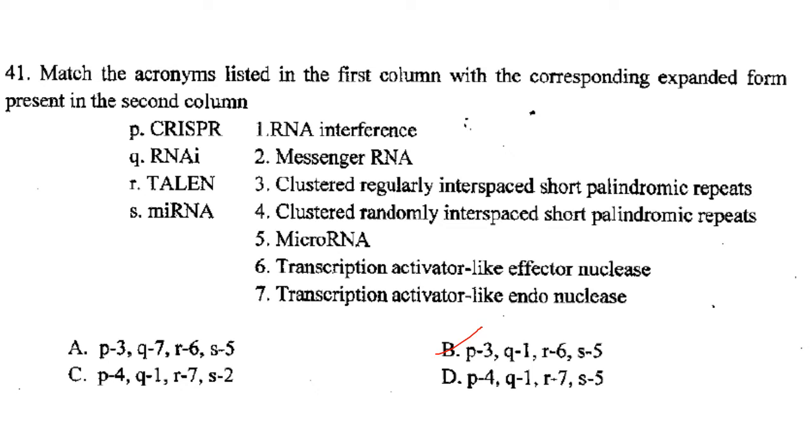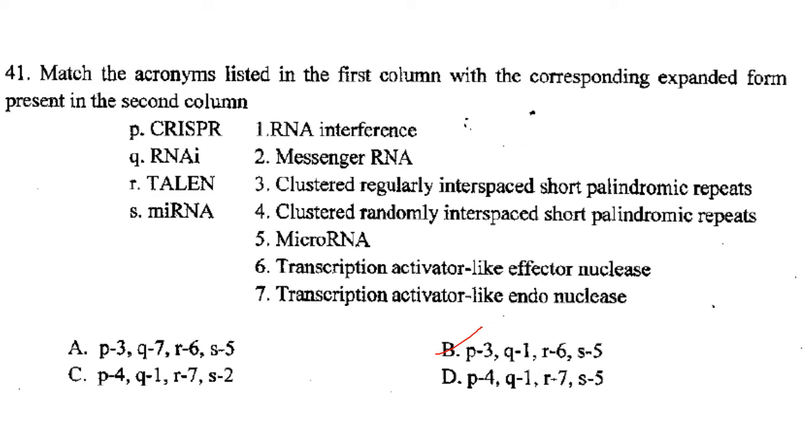Then next one. Match the acronym listed in the first column with the corresponding expanded form present in the second column. So CRISPR is clustered regularly interspaced short palindromic repeats, P3. So C and D we will not take into consideration. We will see A and B because they both have P3.